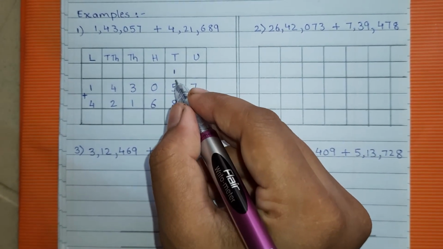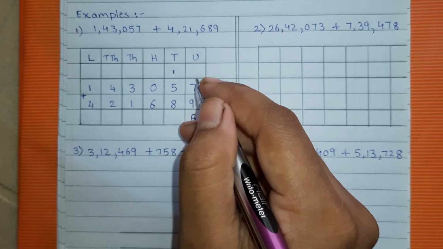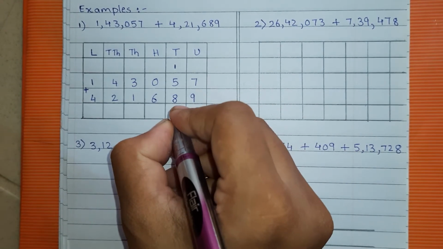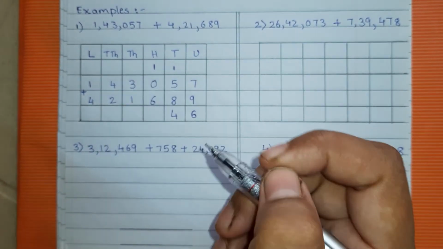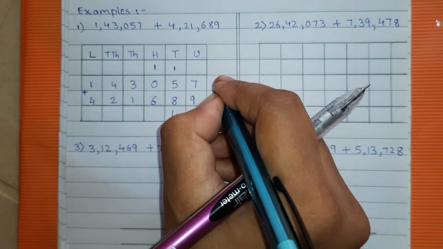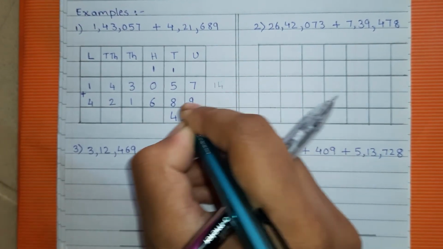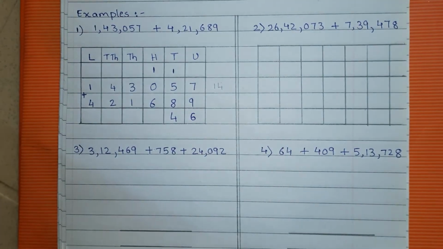Now 5 plus 1, 6. And 6 plus 8 is 14. 1, 4, 14. So 4 here and 1 carry. Okay. If you get the answer as a 2-digit number, then the last digit you will write in this place and the first digit you will carry over.